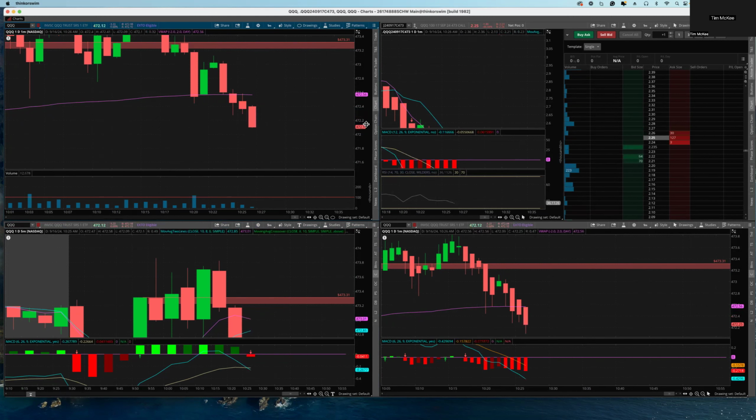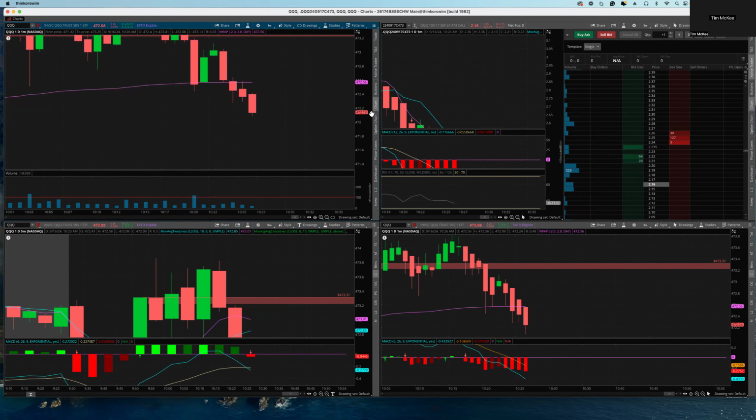But looking at the put side, looking at the 473 on the put side. It's just dropping below Friday's low.